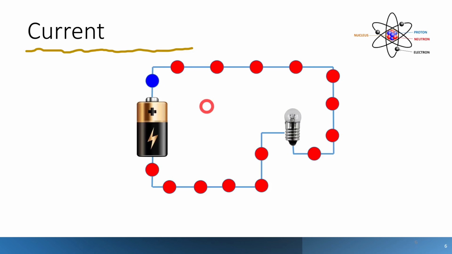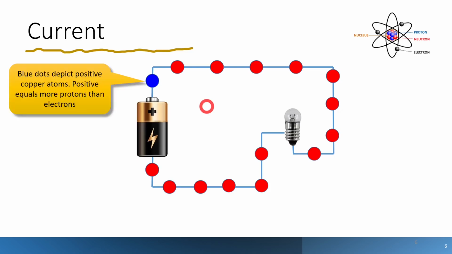But now you notice that sphere turned blue, and it turned blue because over here I'm showing protons as being blue in color. And it turned blue because an electron actually moved out of that atom and was attracted into the positive terminal of the battery. It did that because opposites attract. That is one of our findings from Charles Coulomb.